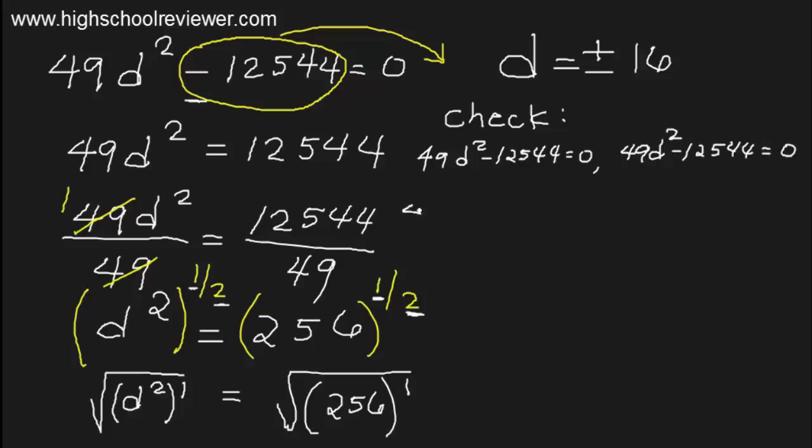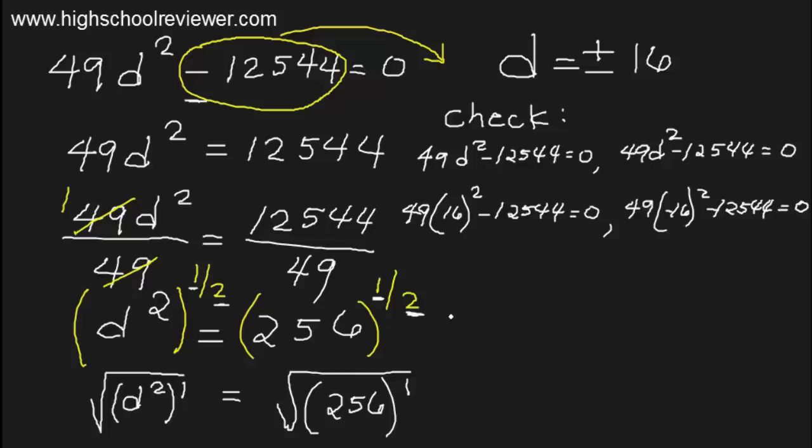So our d here, 49 multiplied by positive 16 raised to 2, minus 12,544 equals 0. And 49 multiplied by negative 16 raised to 2, minus 12,544 equals 0. So we have here 16 raised to the power of 2, that will give us 256.